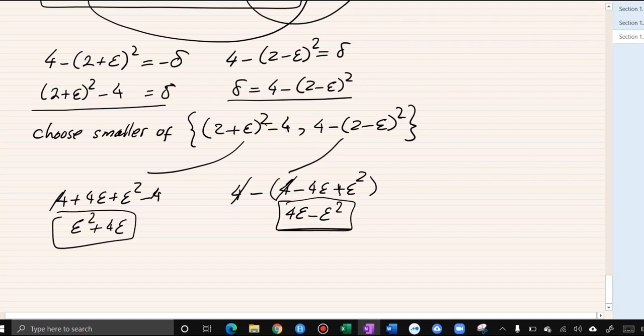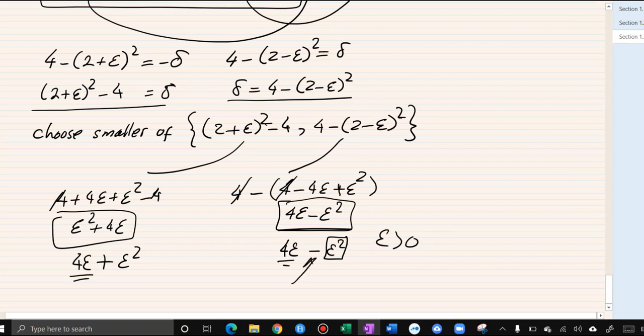Now look at these two. Which one is smaller? Think of it this way. This one is 4 epsilon and we're subtracting a positive number from it. Remember, epsilon is positive. The other one, you have 4 epsilon, and you're adding epsilon squared to it. True? I just swapped it and rewrote it as epsilon squared plus 4 epsilon. So both of these have 4 epsilon.